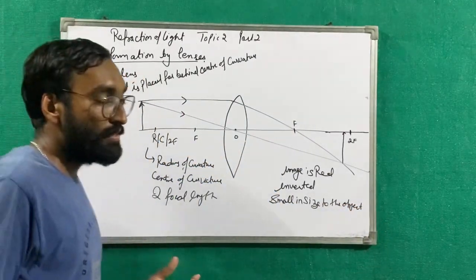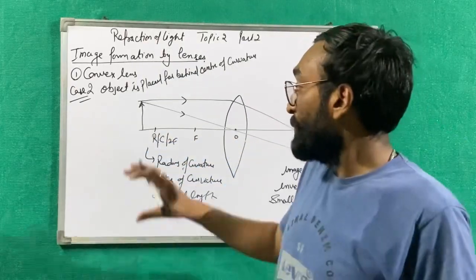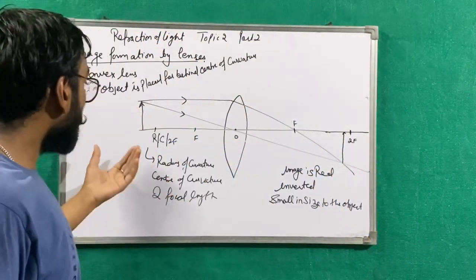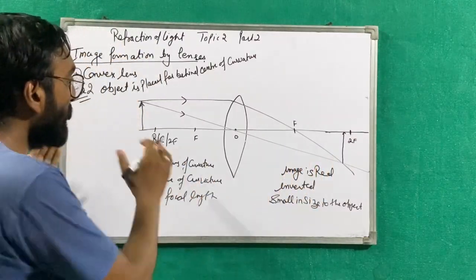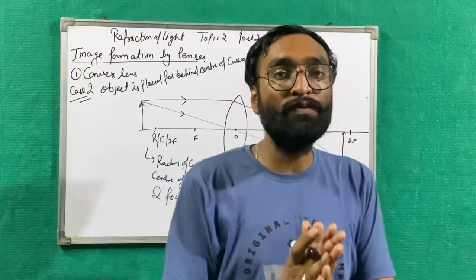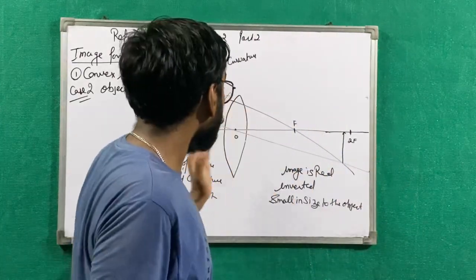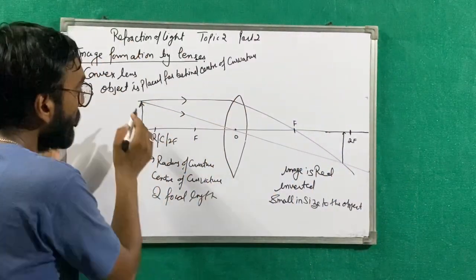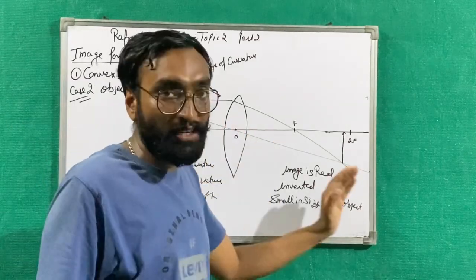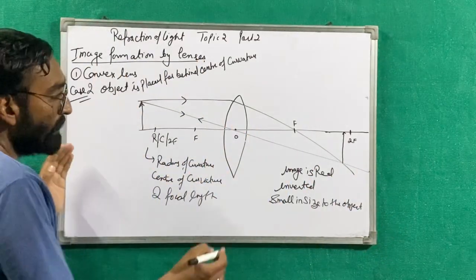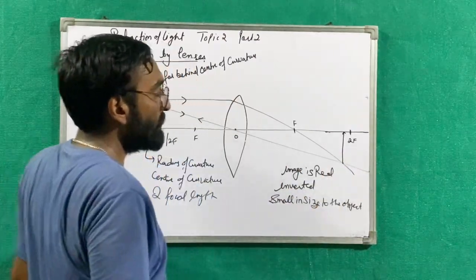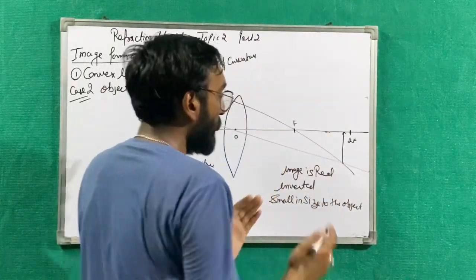So first of all, the object is placed behind 2f or R. When the object is placed behind 2f, the first ray that is incident parallel to the principal axis will pass through the focus, and the second ray will pass through the optical center. This is going to form an image that is in between f and 2f.